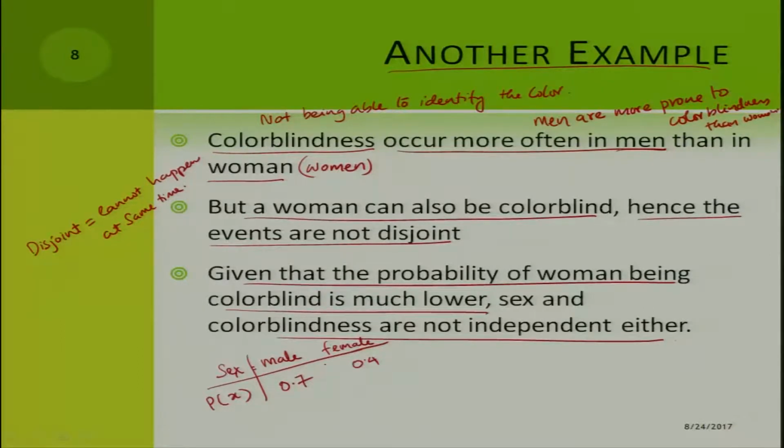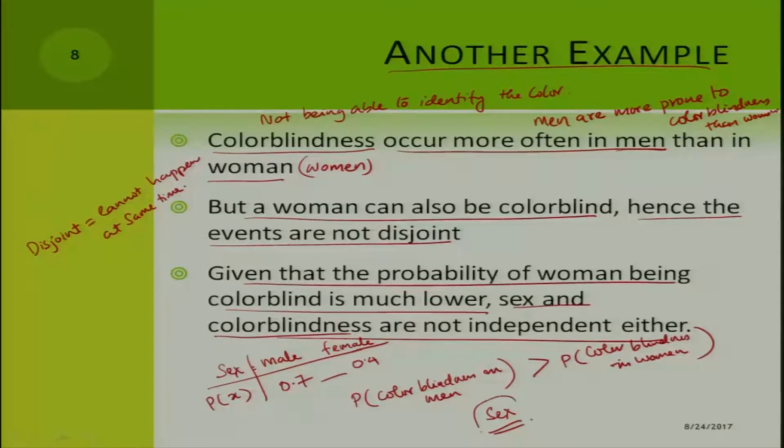The idea is that the probability of color blindness in men is greater than the probability of color blindness in women. So, given this information, if you know the sex, then the occurrence of color blindness changes. Sex and color blindness are not independent either, because sex influences the occurrence of color blindness.